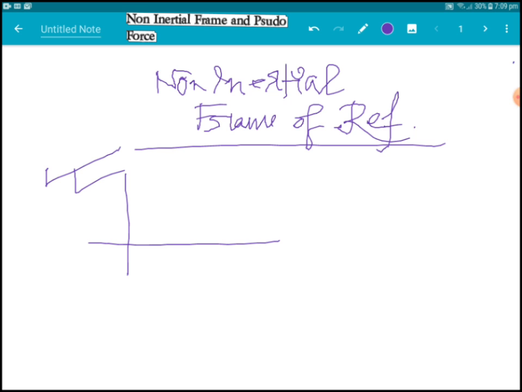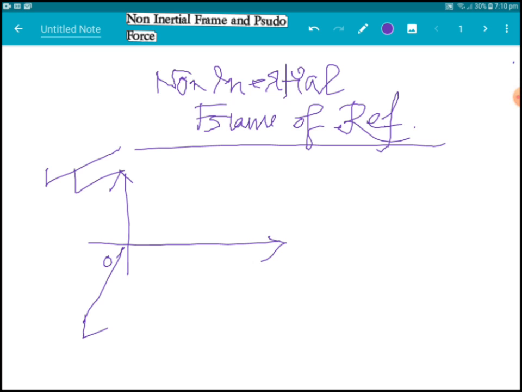In such problems we usually consider two frames, one which is fixed and the other which is moving with respect to this fixed frame. The fixed frame is considered in the laboratory and the other frame is moving with respect to it.